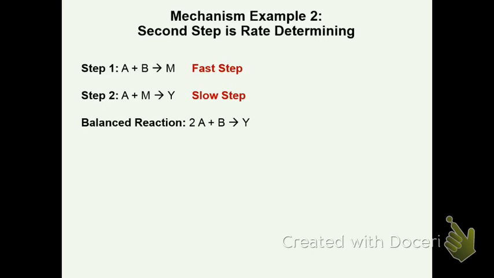So step 1 is the fast step, and we'll call the rate constant for step 1 K1.